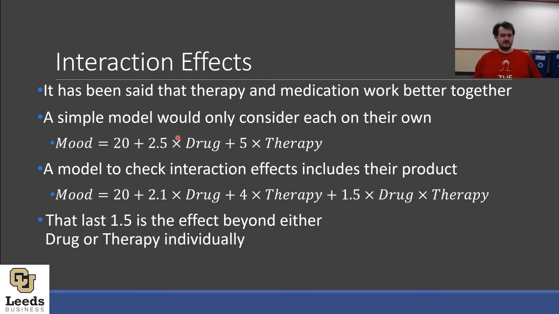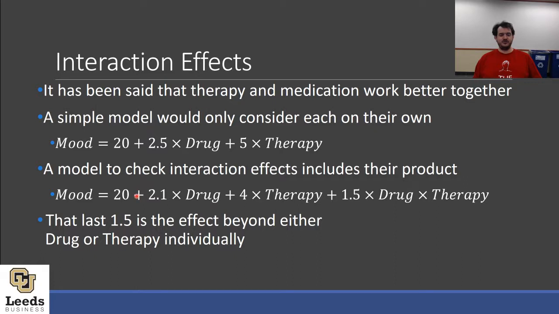So let's say you were taking a drug but not in therapy in this model. So that would be 20 plus 2.5 times 1 plus 5 times 0. That goes away, so your prediction is 22.5. But down here, same situation, is 20 plus 2.1 times 1 plus 0 for the rest of these.